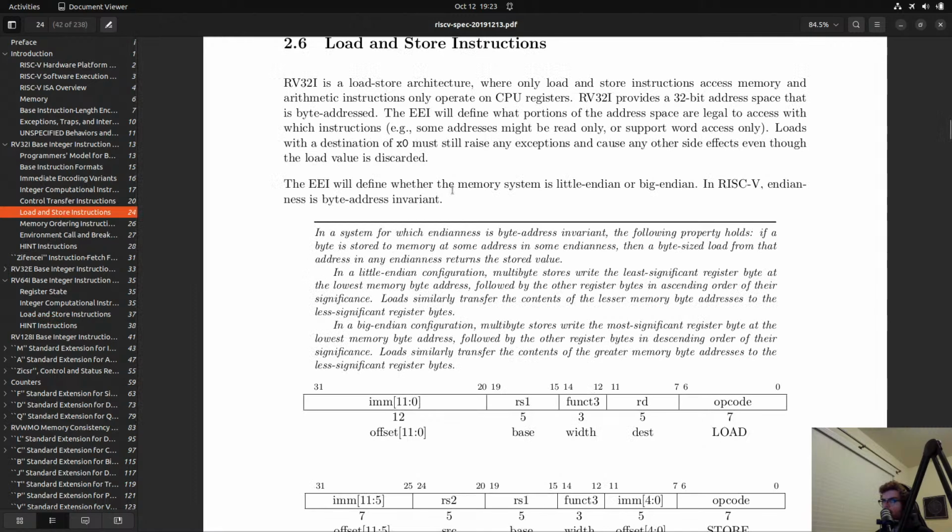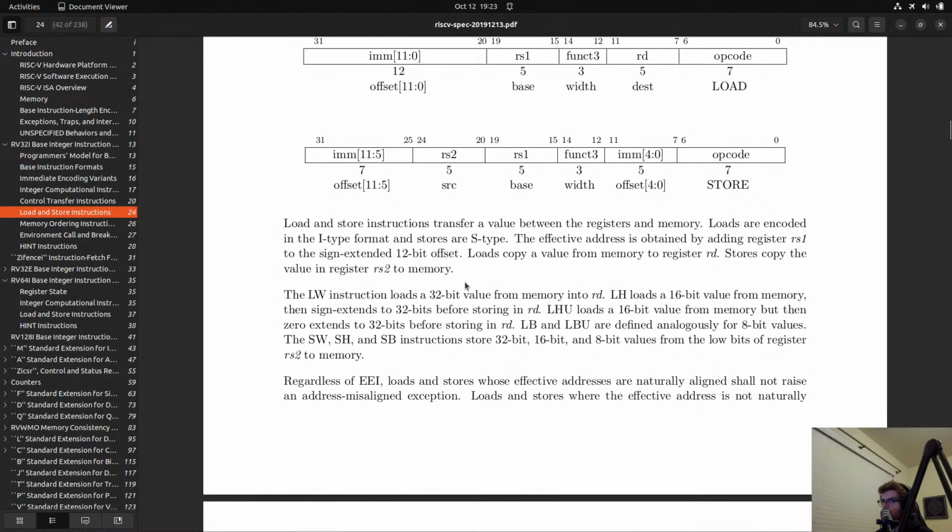Just double checking this here. Load half word, load 16-bit value from memory, then sign extends to 32 bits for storing in RD.